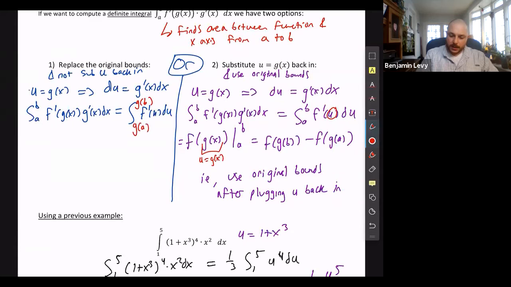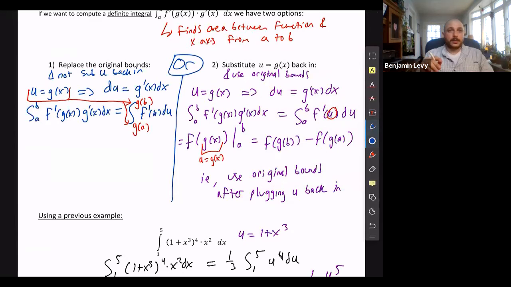So you take this g function and you plug your bounds into there to get new bounds. The reason someone would do this is because then you don't have to plug u back in. If it happens to be complicated or cumbersome, maybe that's a nice thing. Instead, you just work with your new bounds in the easy function.